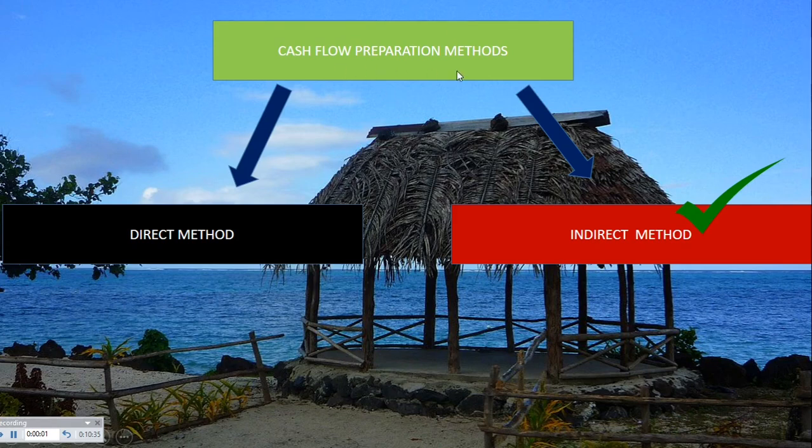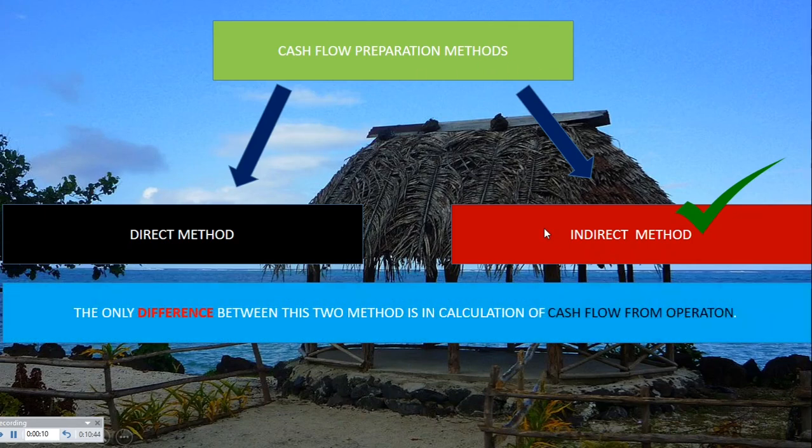So, cash flow preparation methods. There are two methods of making your cash flow statement: one is the direct method and the other is the indirect method. The only difference between these two methods is in the calculation of cash flow from operations. While making the cash flow statement, we need to make the cash flow from operations, cash flow from investing activities, and cash flow from financing activities.